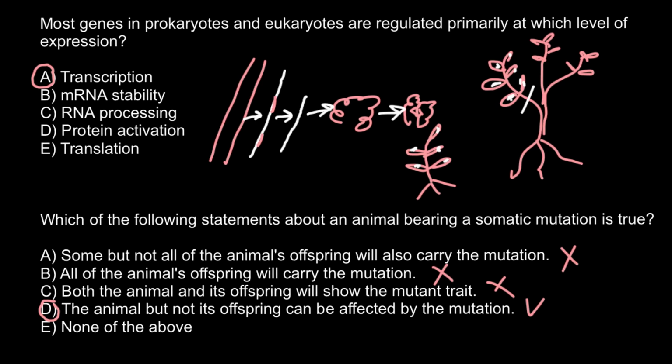This happens because most of the cells in plants are totipotent, meaning they can change their function and, for example, may grow new roots or a new branch, new stem, new leaves, and so on.